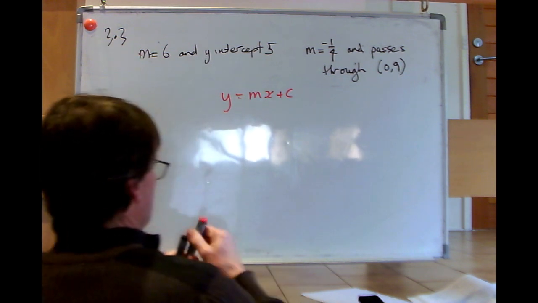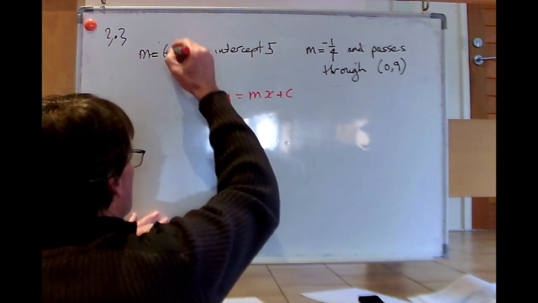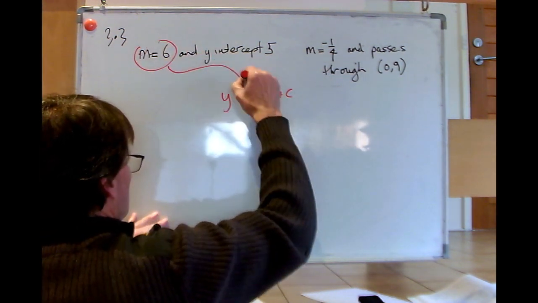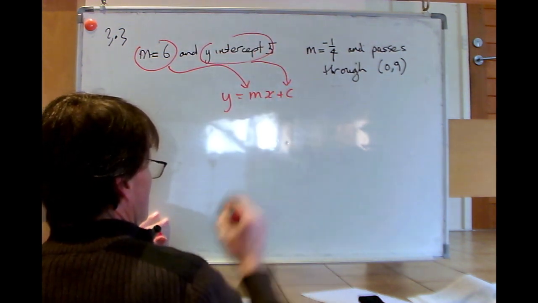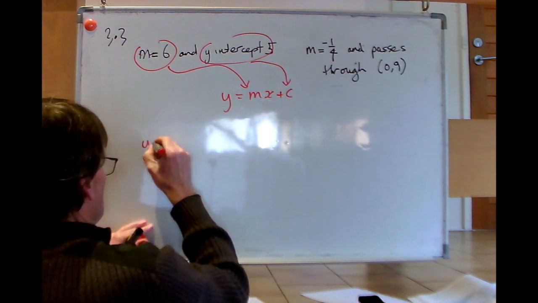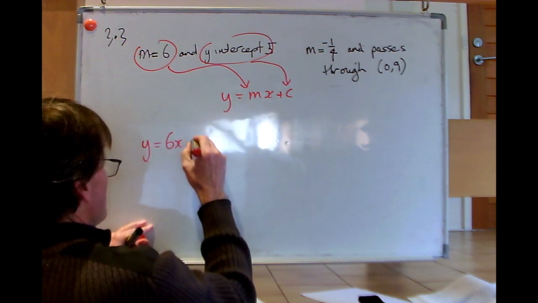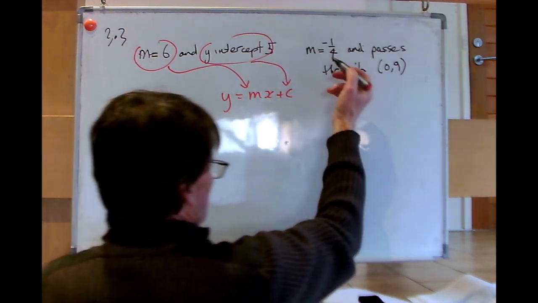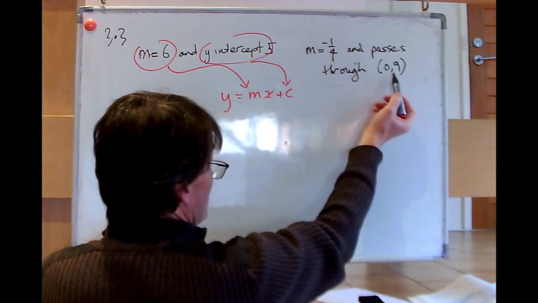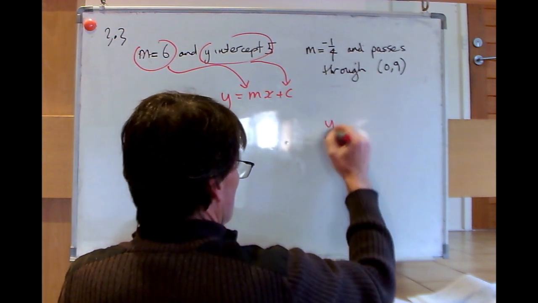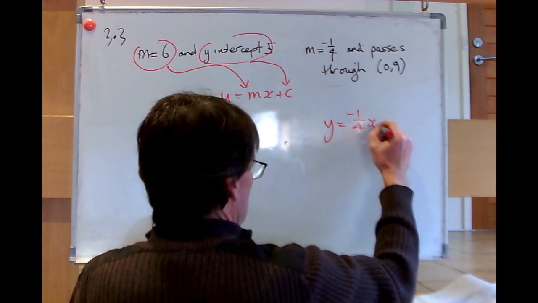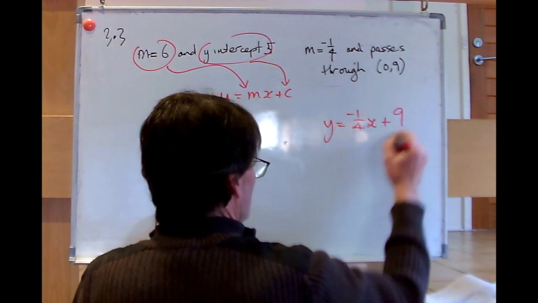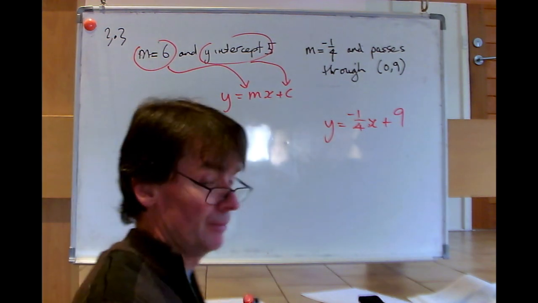That's your gradient. And your y-intercept is there. So this one will be y equals 6x plus 5. Likewise, this is gradient and y-intercept. Y equals mx plus c. Simple as that.